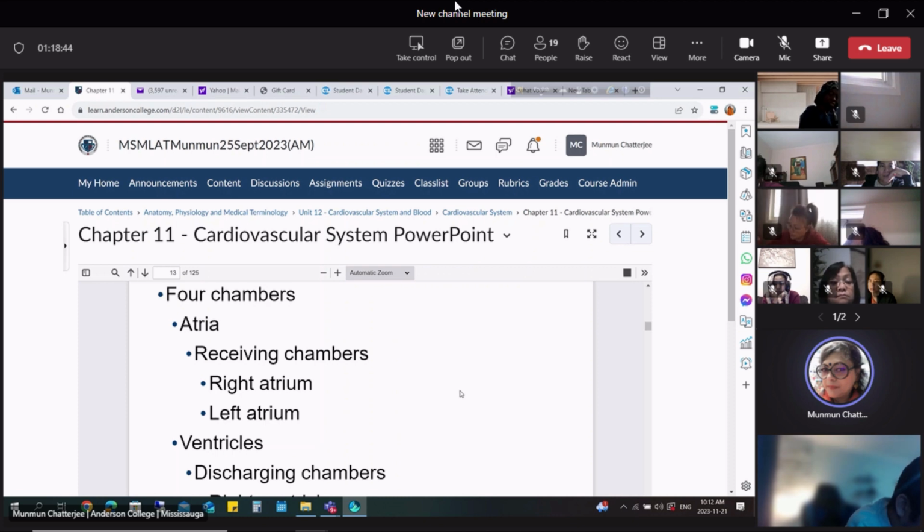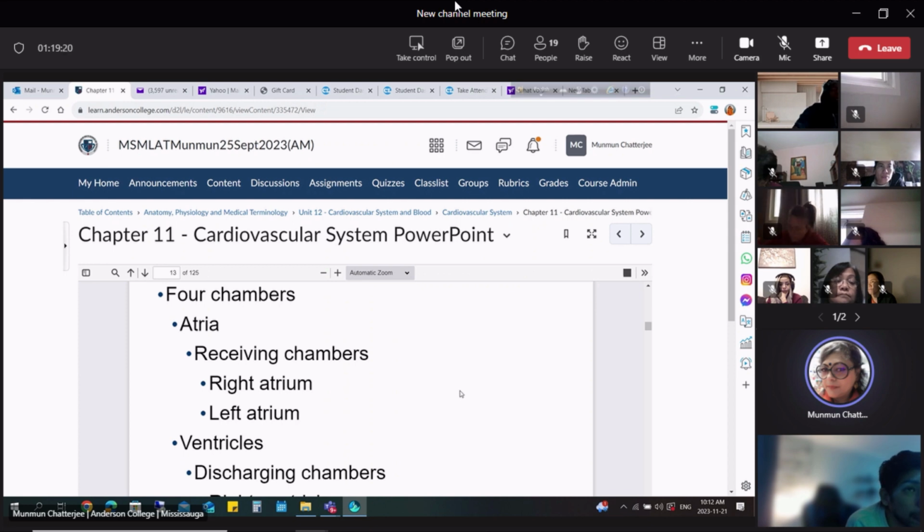Atria are the receiving chambers. They receive the blood, either deoxygenated or oxygenated. Ventricles are the discharging chambers. They discharge blood from the heart to the specific area where it needs to go. Basically, the right atrium always collects the deoxygenated blood, the blood that has traveled through the whole body and comes to the right atrium.